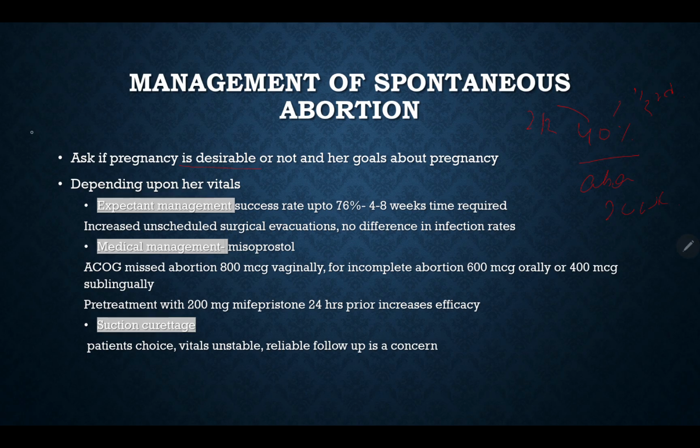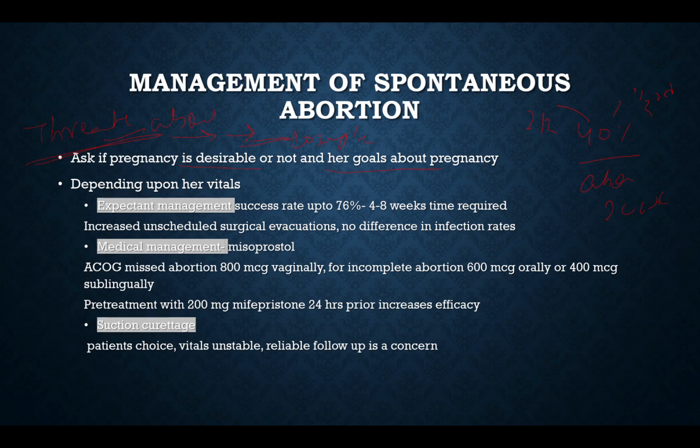Like if she comes with bleeding PV and you label it as threatened abortion, if you get to know that the woman is not desirous of pregnancy, you will help this into complete abortion. You are not going to go on expectant management and reassure her. So first of all, ask what are her goals about pregnancy, whether she is desirous of childbirth in this pregnancy or not.